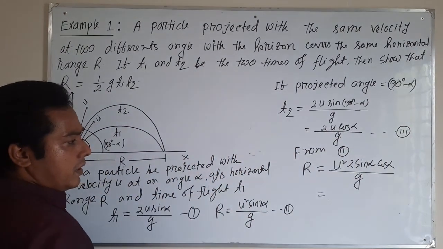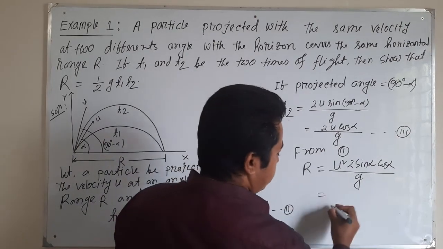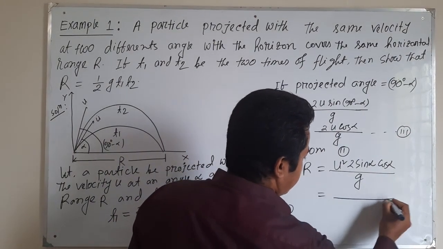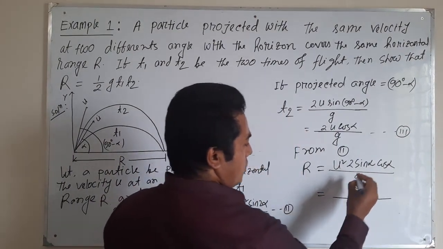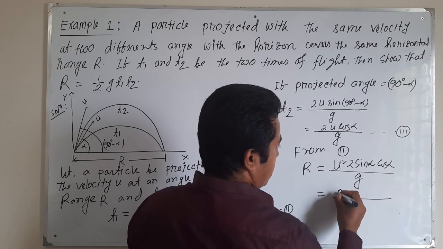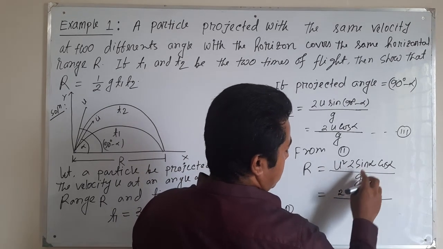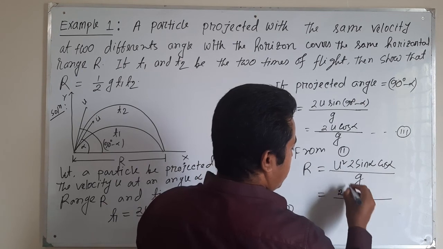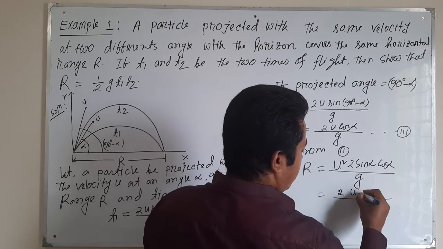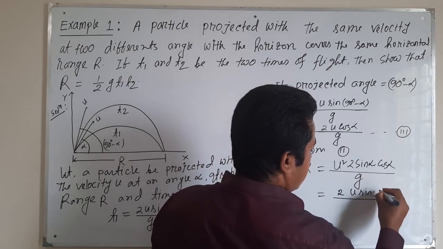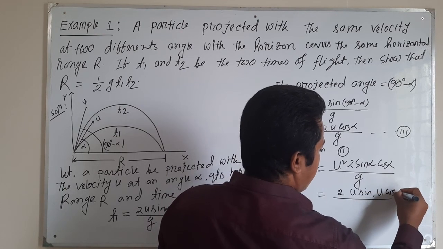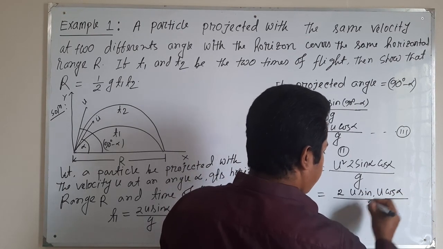Okay, just you think. We need the 2u, so u square u sin alpha, u cos alpha divided by g.